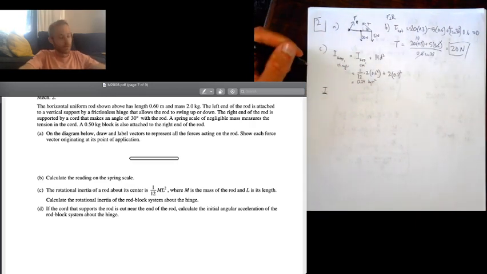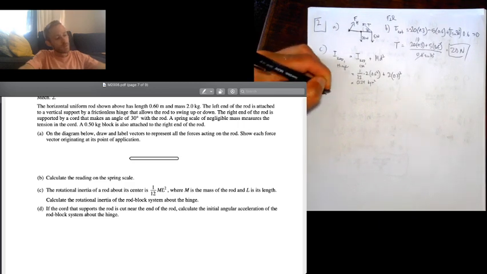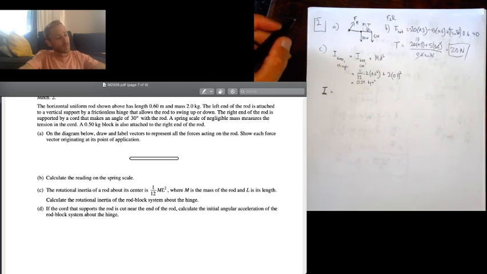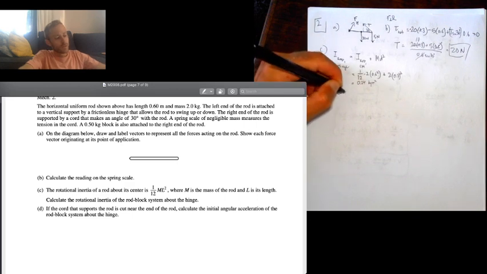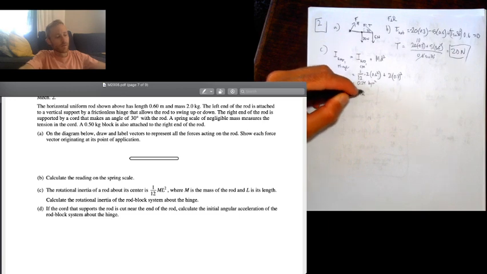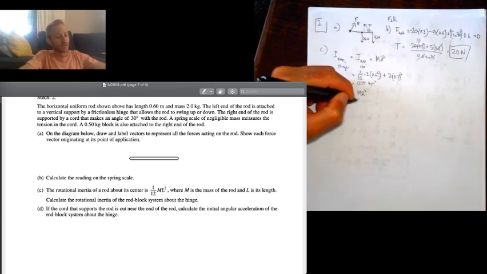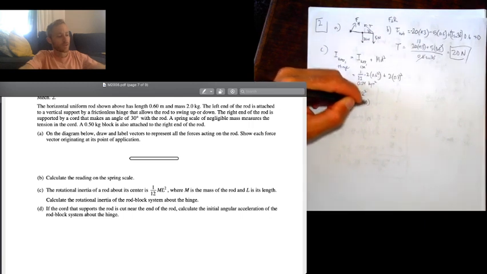So we've got to also include the block, which would be 0.24. That's the rod about the hinge, plus m r squared for the block. So we have plus 5 times 0.6 squared.